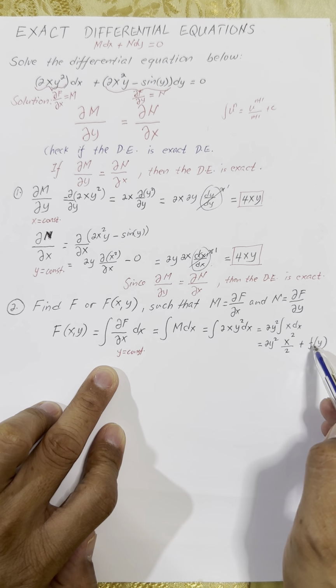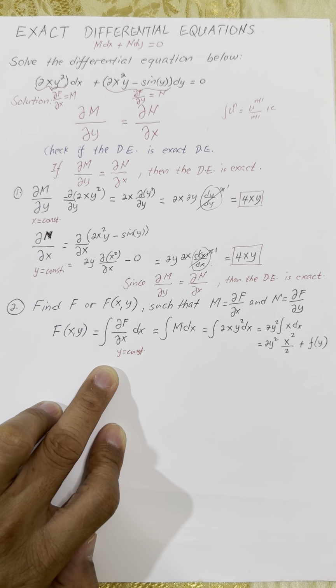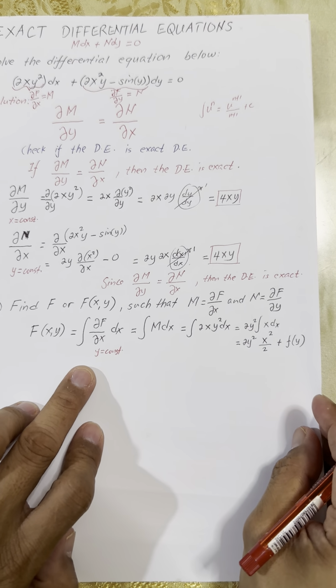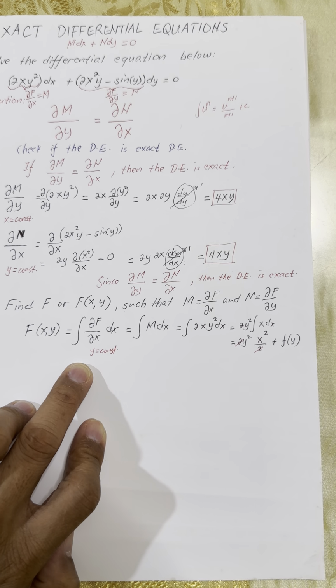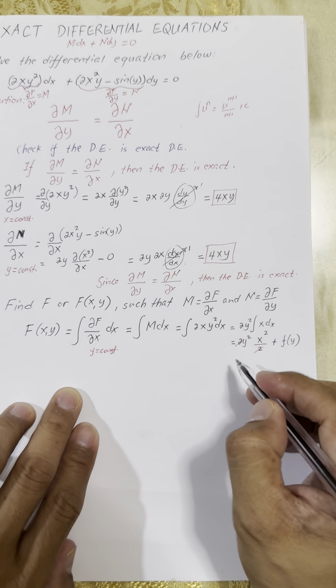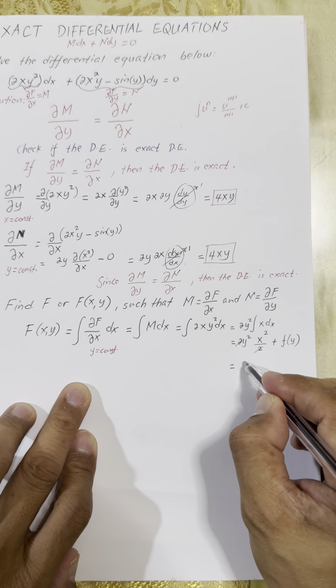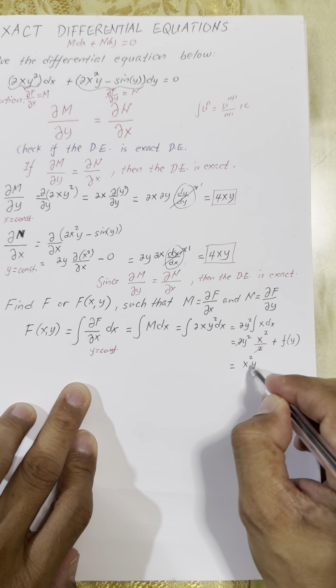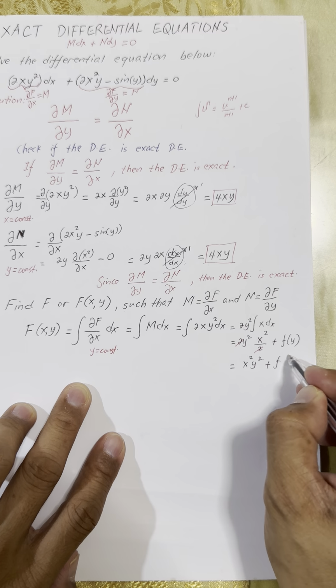So our constant c, instead of writing c, we have to write as f of y. Alright, so we have 2 at the numerator and 2 at the denominator, which cancel out. So our f of x, or our f, is equal to x squared y squared, rearranging, plus f of y.